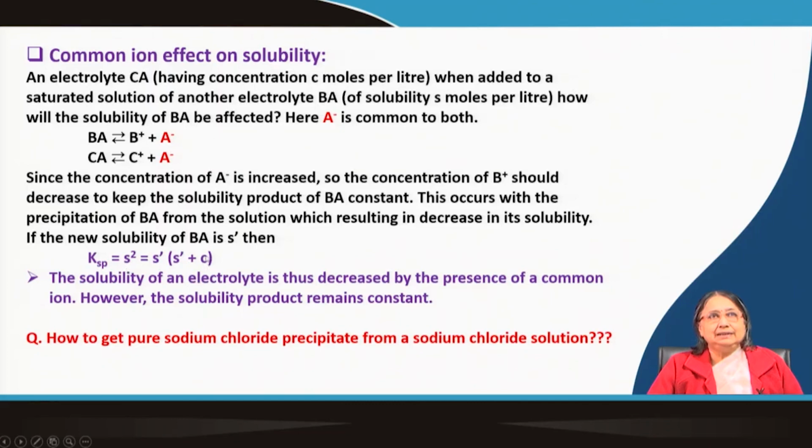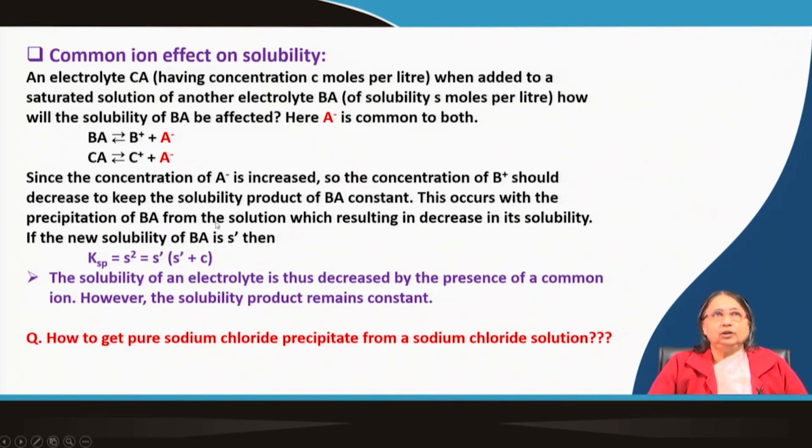Because the concentration of A minus is now higher, if the new solubility is S dash, then the A minus concentration is S dash plus C, which is higher than S. When it is higher, S dash should be lower to keep the Ksp constant, that means the solubility will be lower.